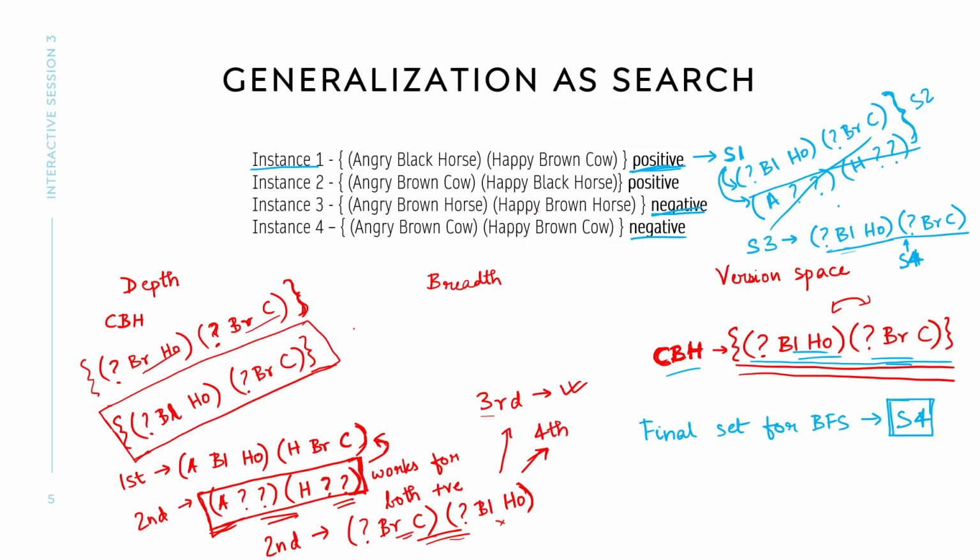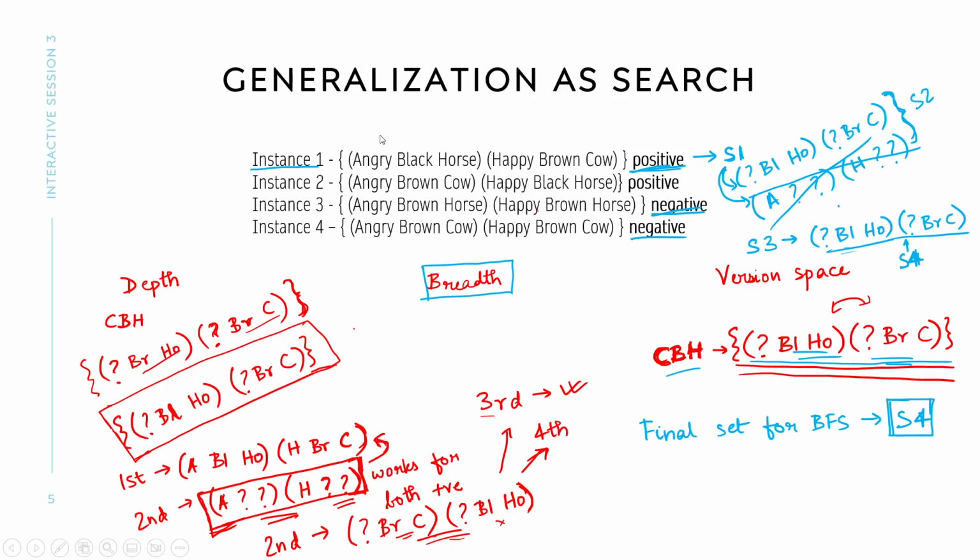Depth was in red, breadth I'm writing in blue, and for version space I think we need to.